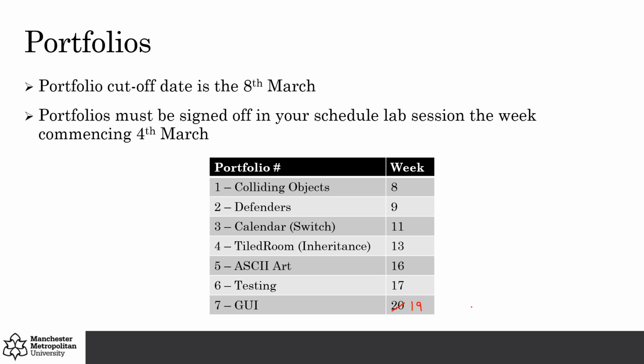So obviously some people may think of themselves at a disadvantage in terms of, you know, they've got one less week to do it, but this is just to guarantee that those labs who have their lecture after their lab are able to see that portfolio a week before intended.